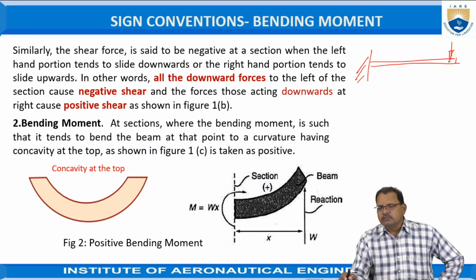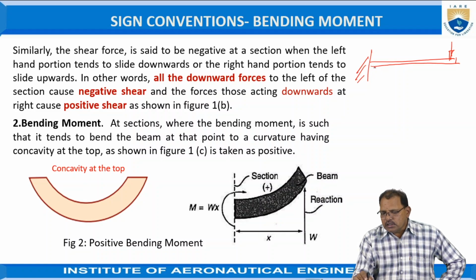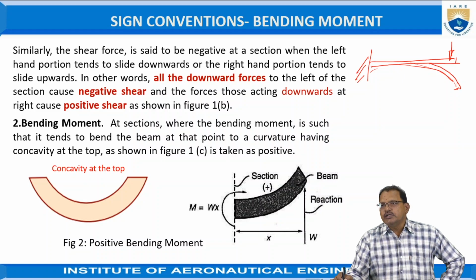Because of this force, the beam deflects in a direction like this as shown in the figure. Like this, when the forces are acting, it moves. That is treated as convexity at the top position now. This type of bending is treated as negative bending now.